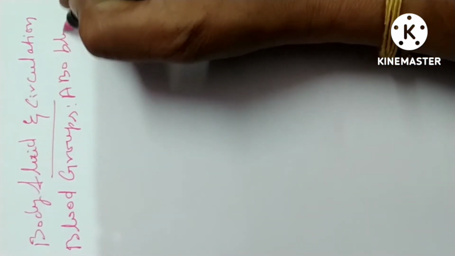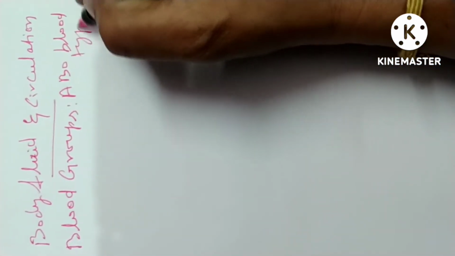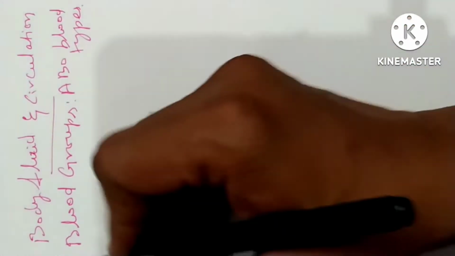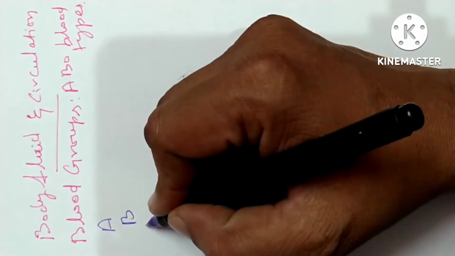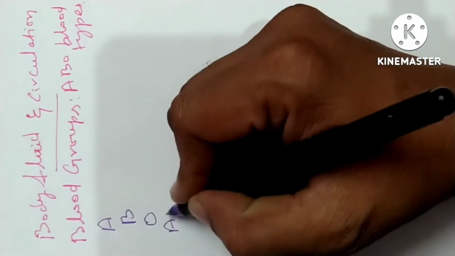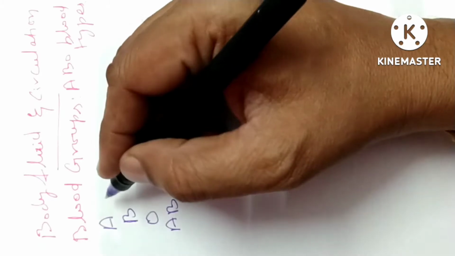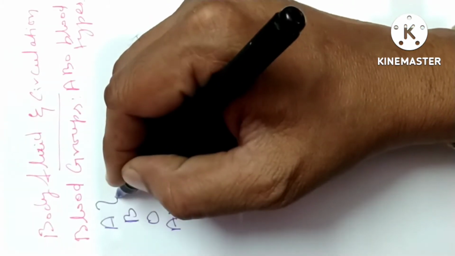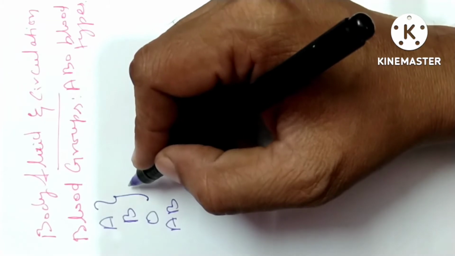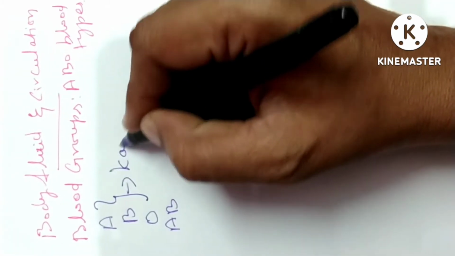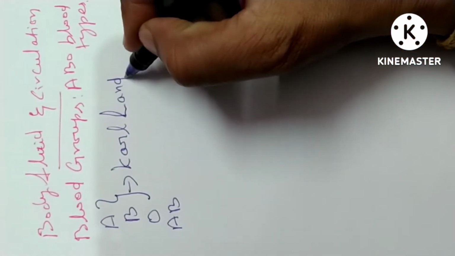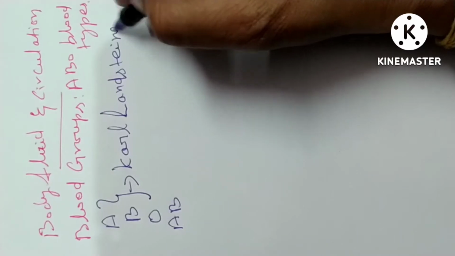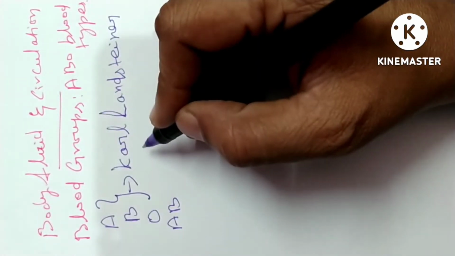You see, in the human population there are four major blood groups: A blood group, B blood group, AB, and O. Of these four, A, B, and O were first discovered by Carl Landsteiner.